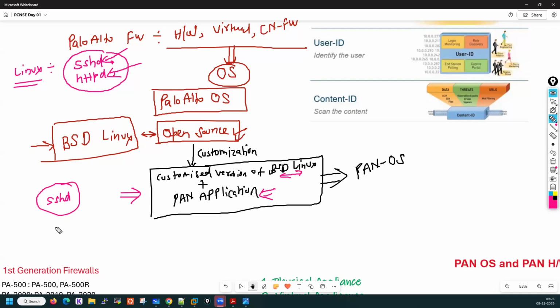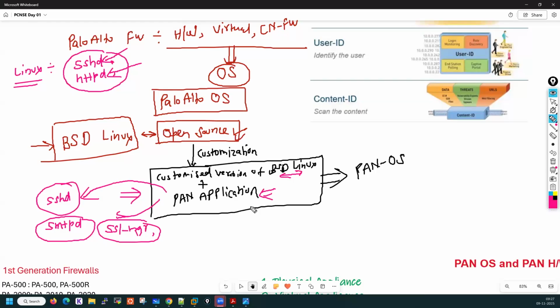If I want to configure SMTP, then an SMTPD process will be there, which takes care of all the SMTP related tasks. If I want to run the SSL process, then there is an SSL manager process running, SSL MGR. So similar types of daemons are also running in your Palo Alto firewall.